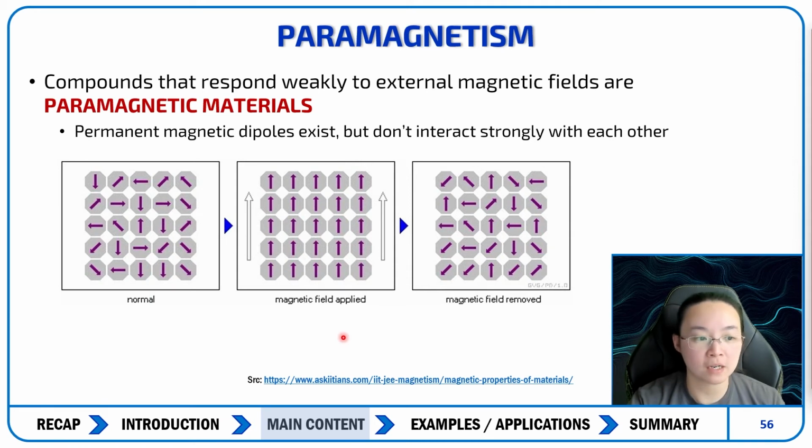If you apply a magnetic field, they're going to align alongside the magnetic field that's applied. But when the magnetic field is removed, they go back to their random state. So in this case, this is called a paramagnetic material because it will lose its magnetism when you take away the magnetic field, and there are no domains of atoms that respond equally and strongly to the magnetic field.